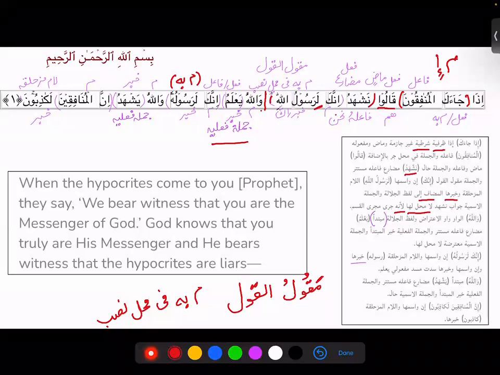But whenever we have jumla itradiya, it is la mahalla laha. It doesn't have any i'rab. When we say i'rab, for example, now if I say something is maf'ulun bihi, so what comes to your mind? That its status is going to be nasb, right?